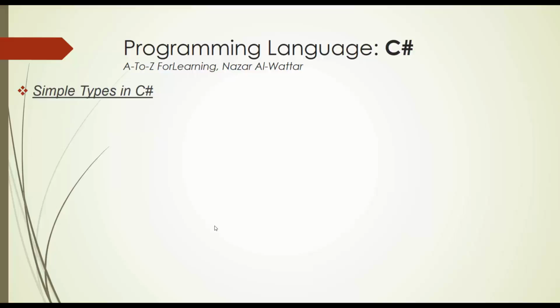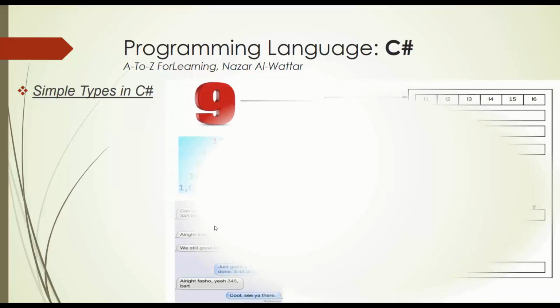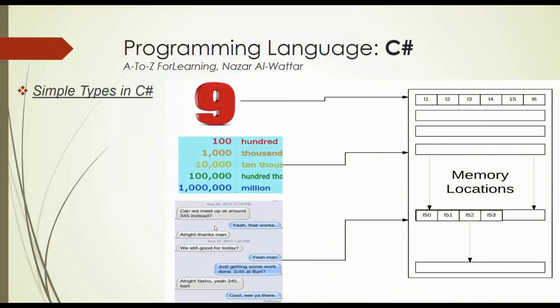Why didn't Microsoft make all types one single type to save different kinds of data? This is incorrect, because we need different numbers of bits or locations in the memory to store your data.